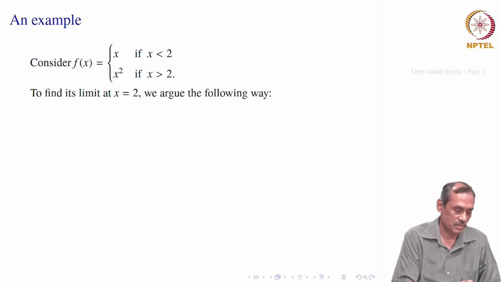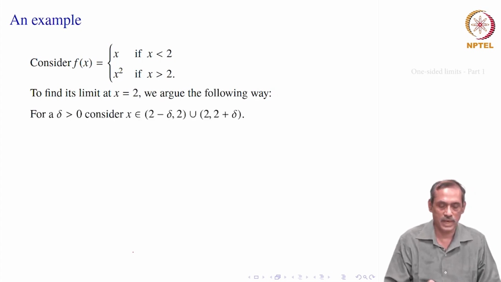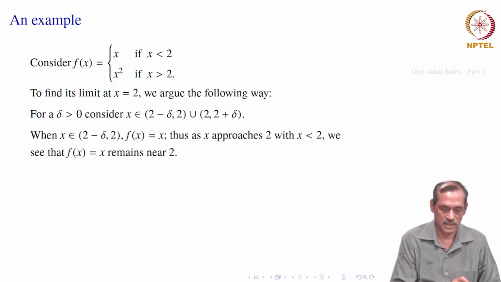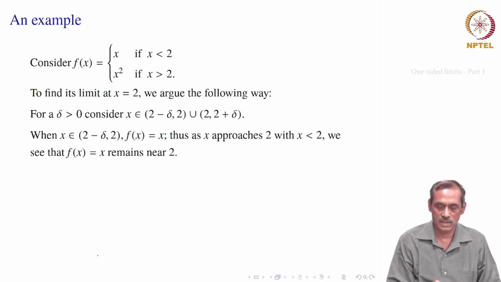Usually when you go for the limit, we will be arguing the following way. We consider some interval around 2, leaving that 2. So, it is 2 minus delta to 2 on the left side and 2 to 2 plus delta on the right side. When x belongs to the left delta neighborhood, 2 minus delta to 2, f x is equal to x. Thus, when x is near 2, but remaining always less than 2, f of x also remains near 2.